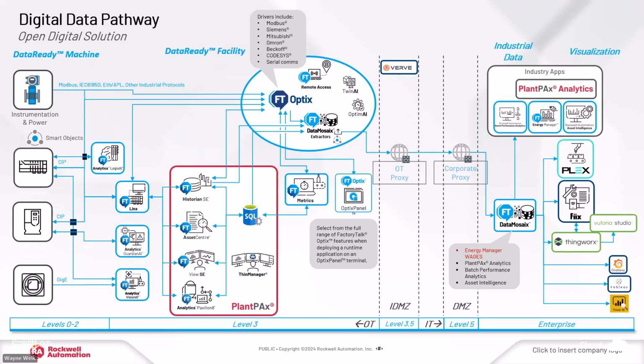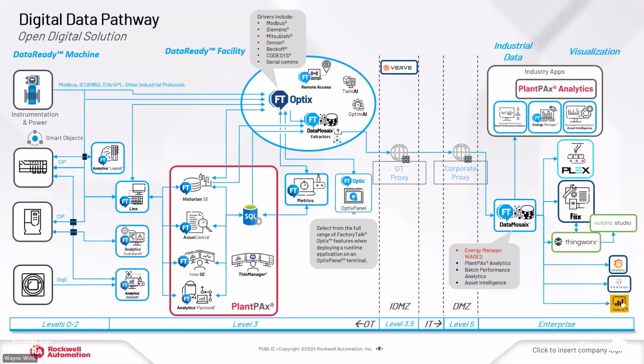So the final slide here is just to talk a little more about the software side of how the data gets from one place to another. We use Optix quite a bit to connect what we would call third-party information.